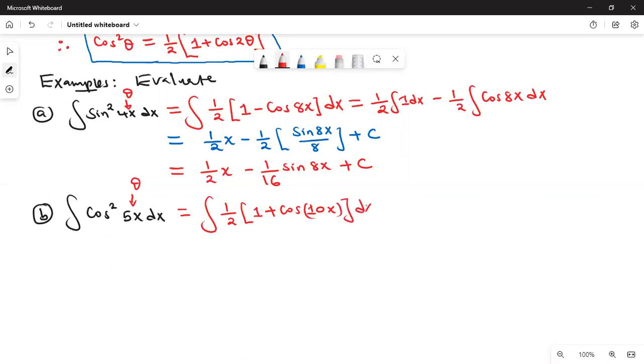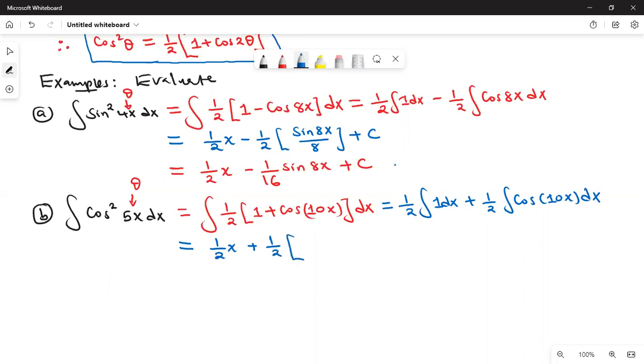10x dx. And so this you can also write as 1 over 2 the integral of 1 dx, plus 1 over 2 the integral of cosine of 10x dx, which when you integrate you get 1 over 2 x plus 1 over 2.